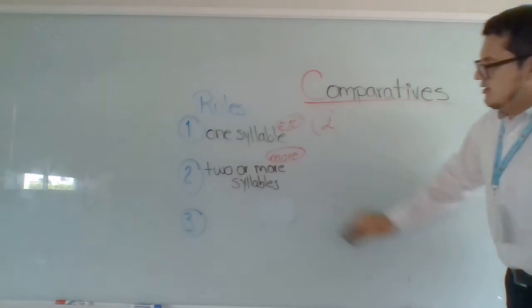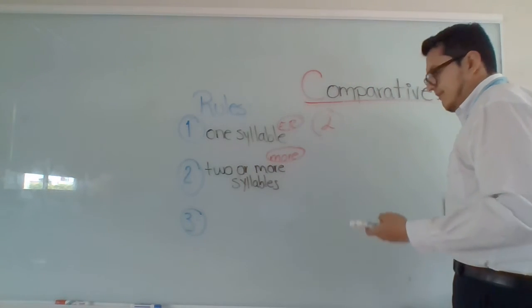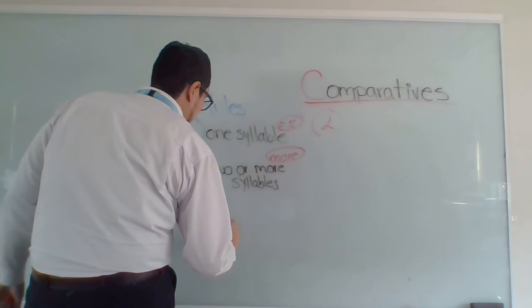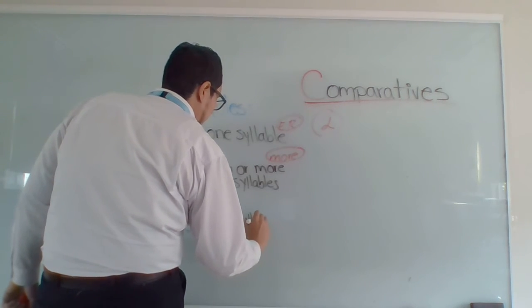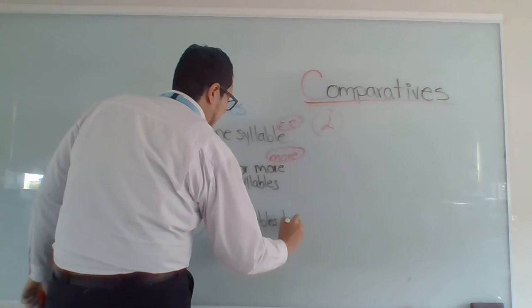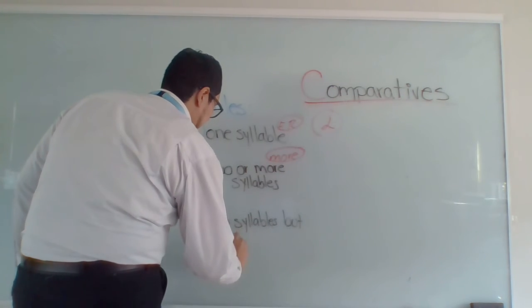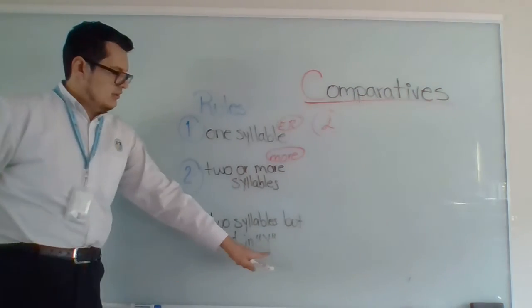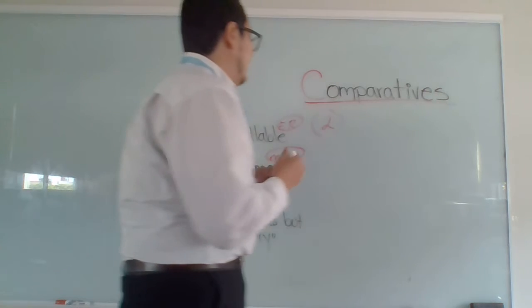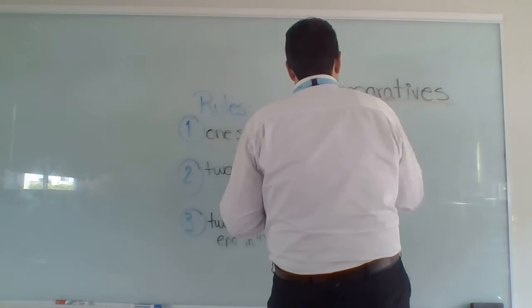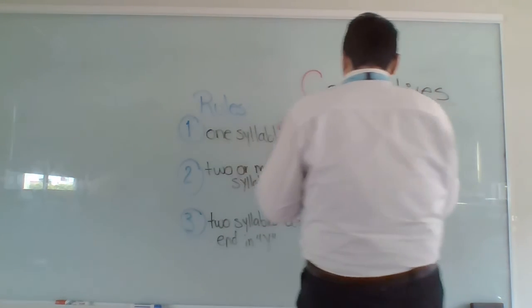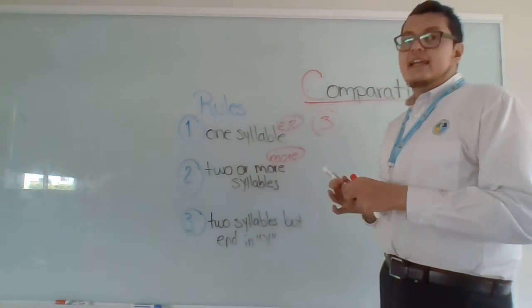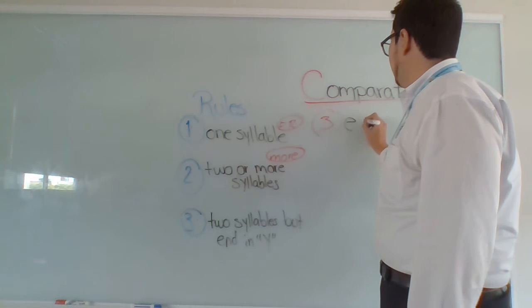And let's go to number 3. This is an exception for this rule, and we have adjectives with 2 syllables, but end in Y. 2 syllables, but end in Y. For example, 2 syllables that end in Y, we have easy.